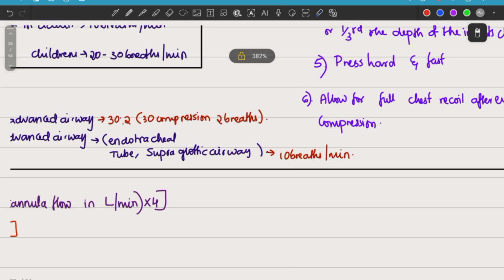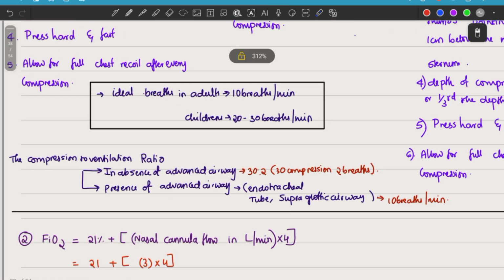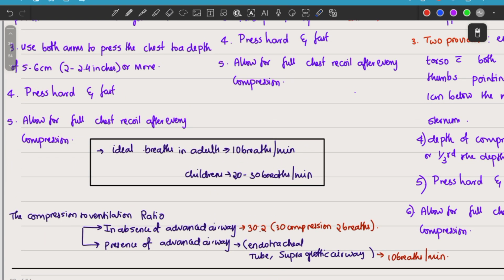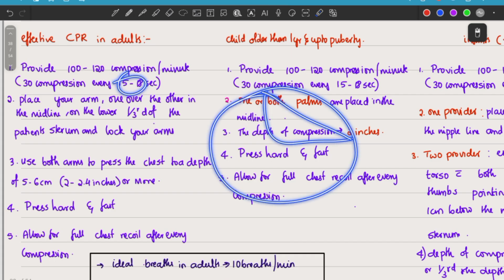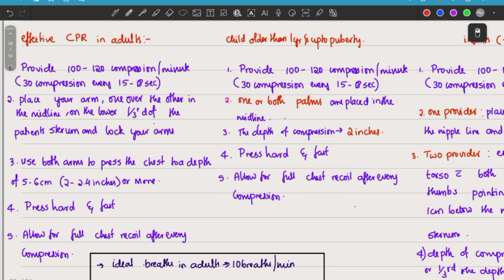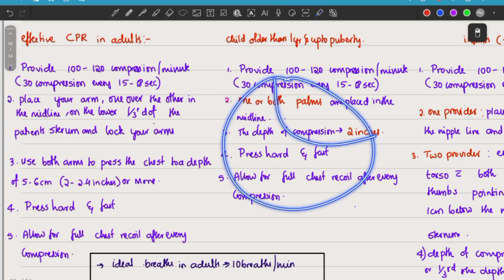Okay, I think you understood. That is 30 compressions we are giving in 15 seconds. You can see the time clock. In 15 seconds you have to give 30 compressions. Again in the next 15 seconds you have to give 30 compressions. So in between, every 15 seconds you are giving 2 breaths, isn't it?